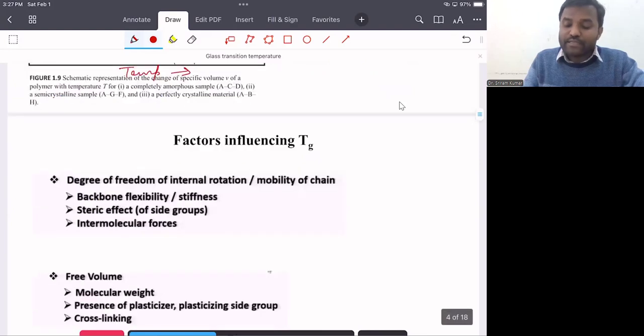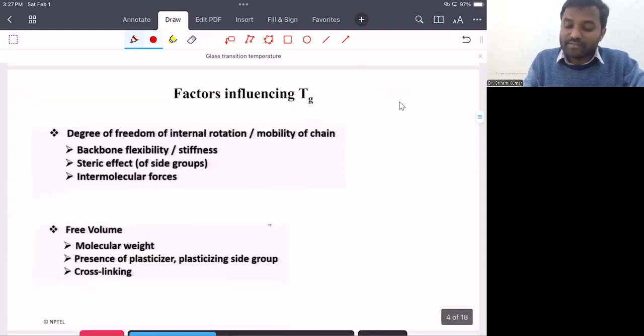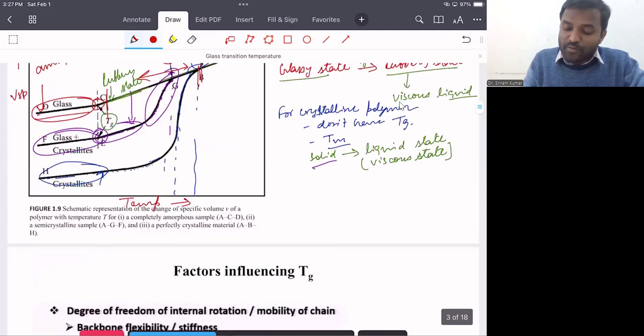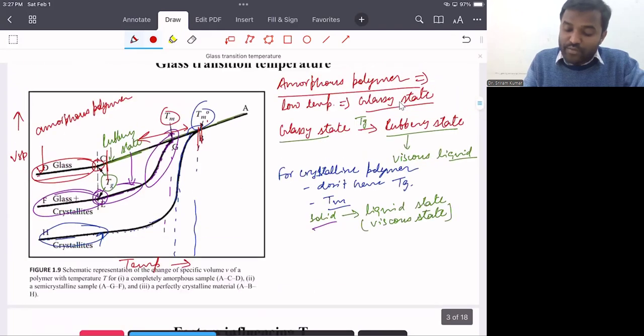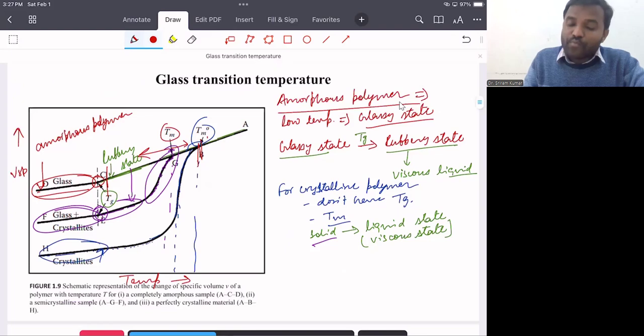Okay, so now let's understand what factors affect the Tg values. Before that, we need to understand one key point. Suppose we want to make a chair, or maybe a polymer chair. For that, we need to use a kind of polymer which has a very high glass transition temperature.